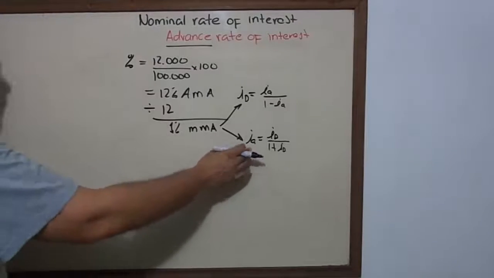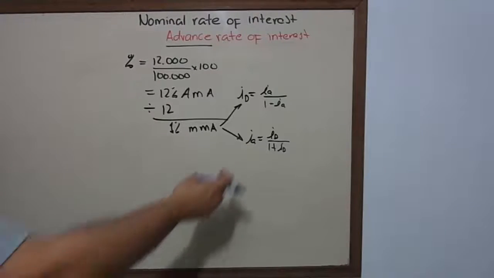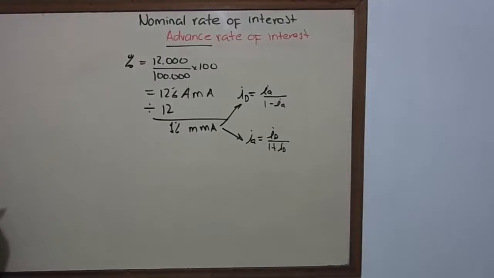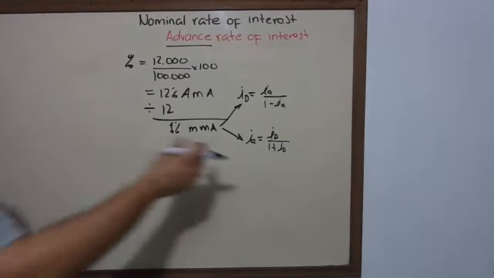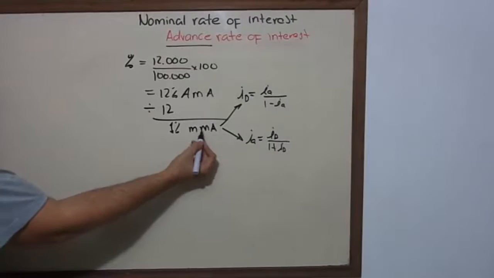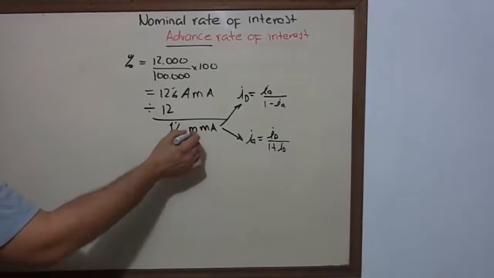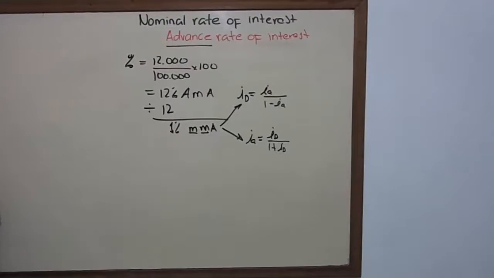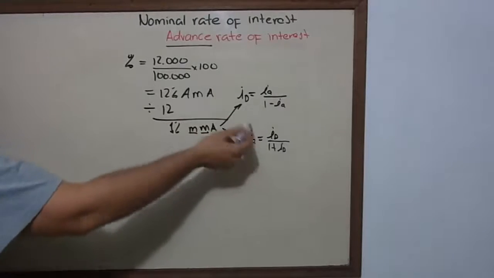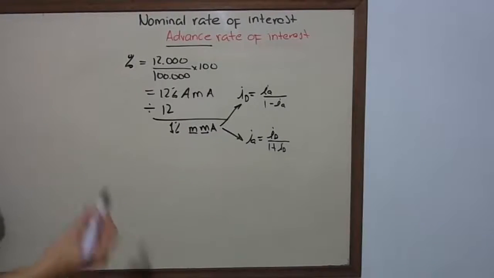And this only works if the time equals the period of payment. So it means the first letter is equal to the second. You can only use these two equations if these two are equal.